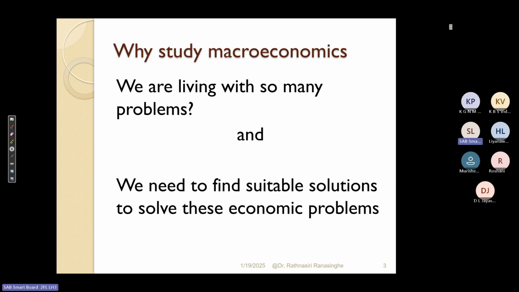So in order to maximize utility, we talk about resource allocation. In the microeconomics part, we analyze how the consumer allocates resources in an optimum manner in order to maximize profit. To explain that, we give some insight from the theoretical background, such as utility theory and indifference curve analysis.